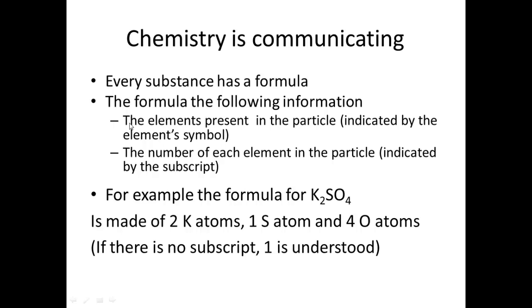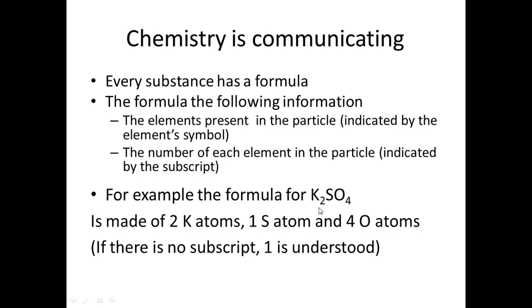The first thing that we can gather from the formula is the elements present in the substance. That's indicated by the element symbol. We can also find the number of each element that makes up the particle of that substance. The example I use is a pretty simple one: K2SO4.